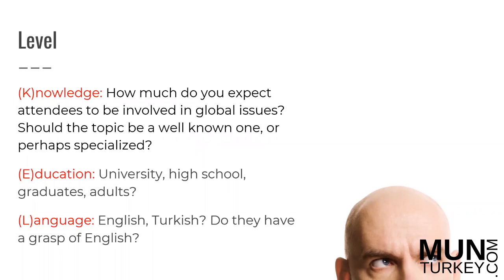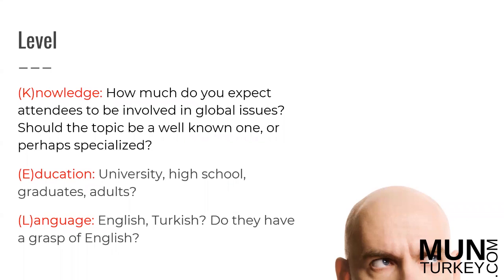Because, for example, when you're doing a crisis committee or a historical committee, sometimes the topic is too heavy, and adults or university students can handle that or will like it. But high school students will expect something more fun in a way, so they might get bored of it. And that's not good because you will have half the committee doing something else, and you don't want that. So it's important to consider the age and education level of your delegates.